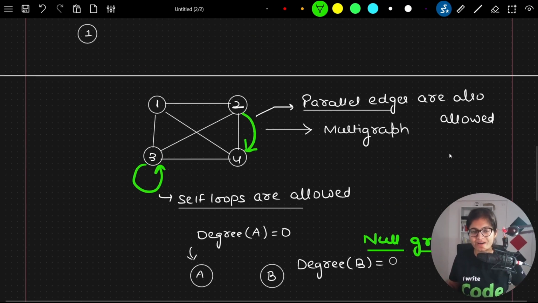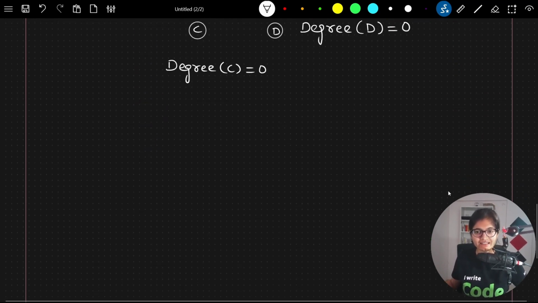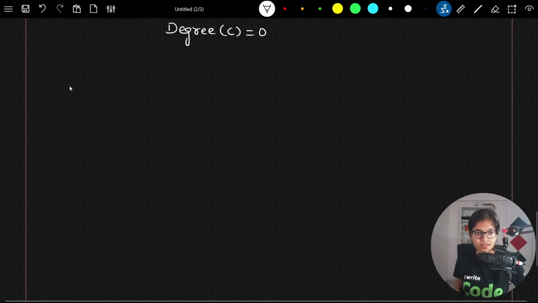So what we have covered so far, in a nutshell, is first of all the meaning of a graph, what the applications of that are, including the types. We have seen what a simple graph is first.